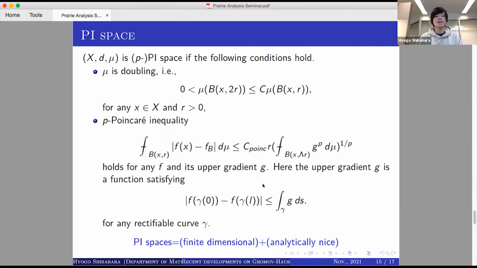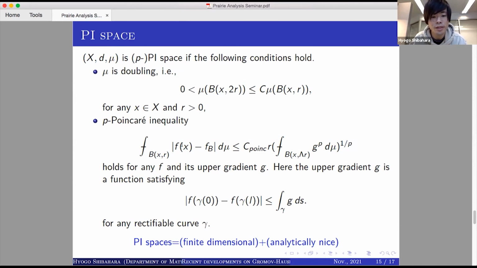A given metric measure space is called a PI space if the following two conditions are satisfied. The first condition says the measure is doubling. In other words, the measure of the ball of radius 2r is controlled by the measure of the ball of radius r. The second is that the weak (1,1)-Poincaré inequality holds.